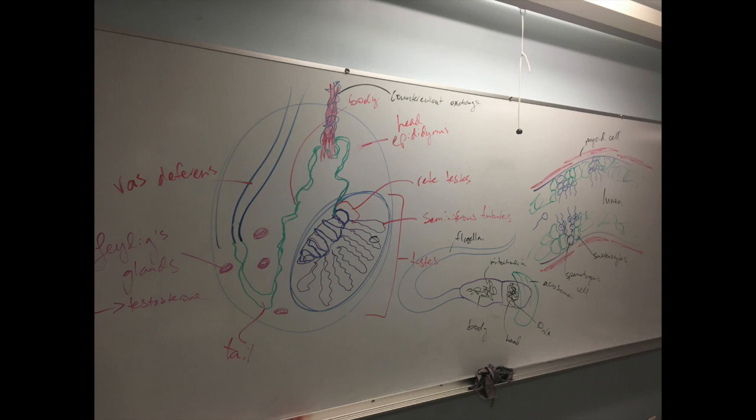Within the testicle, you have a smaller oval-like structure. This is actually the testes, and the testes are composed of a series of little tubes. I'll draw these in purple, and they almost look like little loops.